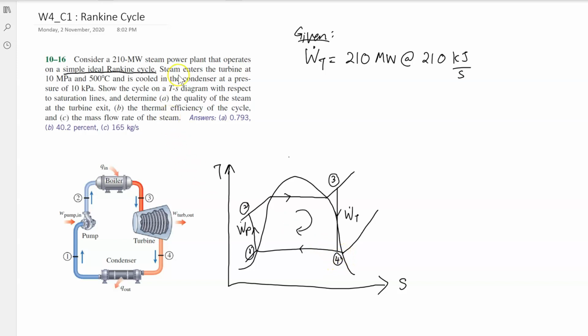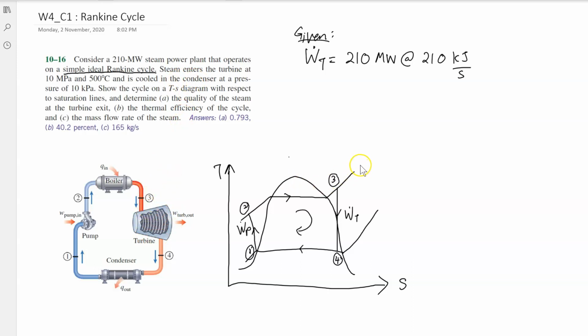Okay, so we go through the question again. You have the work of the turbine as 210 megawatt, and it also says here steam enters this turbine. So this is your turbine. Entering would be state 3 at 10 megapascal.